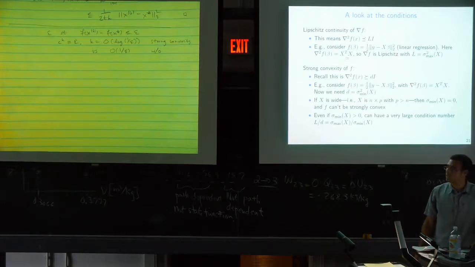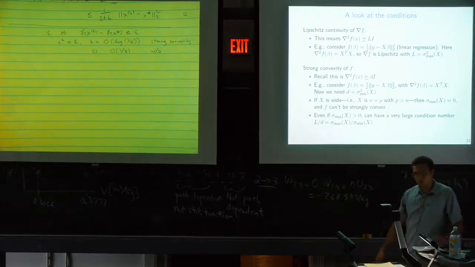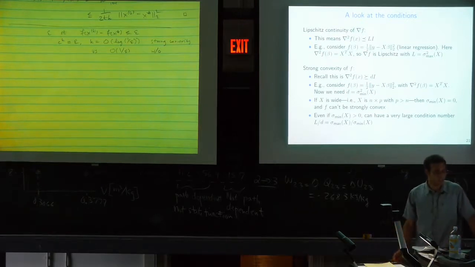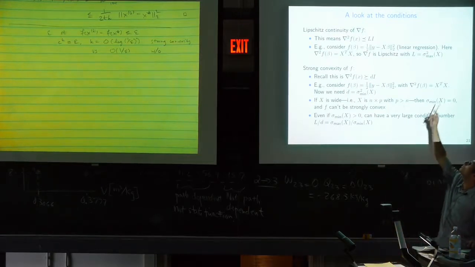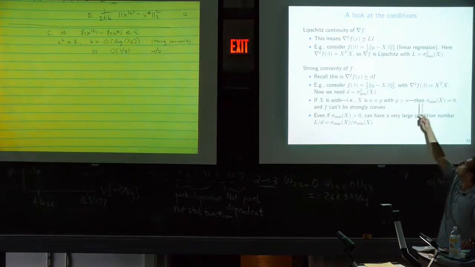Then its Hessian is X transpose X. So the Lipschitz constant of the gradient is the largest eigenvalue, or I guess I'm using singular value here, it's the largest singular value squared of X. It's the largest eigenvalue of X transpose X. So if we happen to know that we're doing least squares and we wanted to use gradient descent for least squares, which I suppose you could in some case, we could take the step size to be 1 over the largest singular value of X squared.